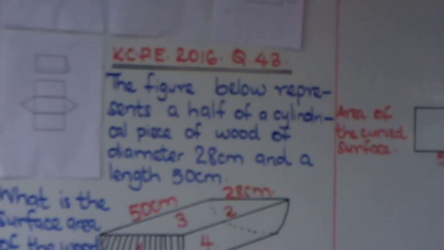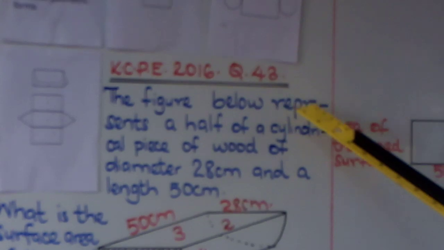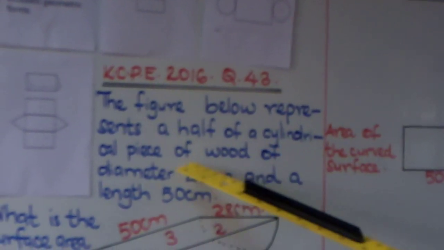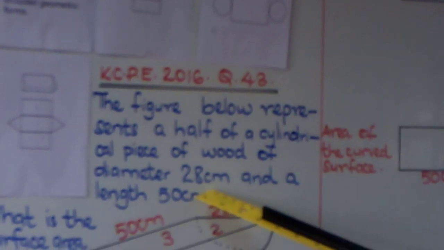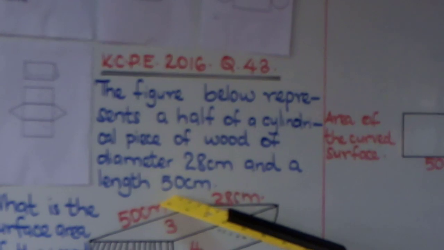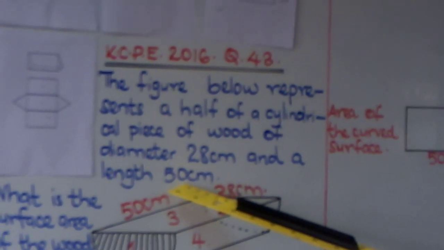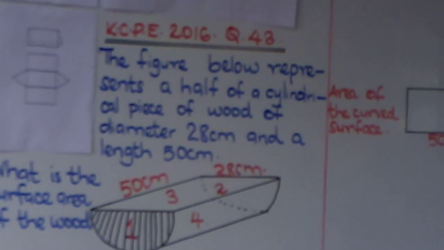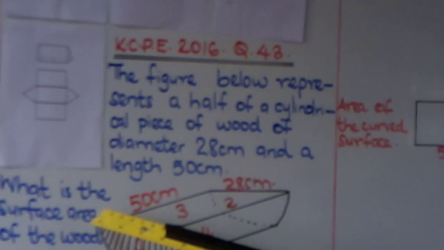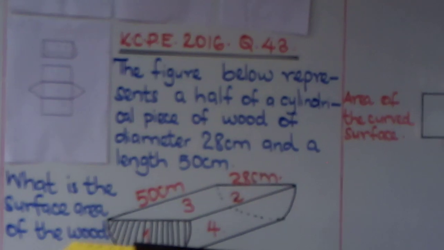The figure below represents half of a cylinder, a cylindrical piece of wood of diameter 28 centimeters and length 50 centimeters. This is the diagram. What is the surface area of the wood?